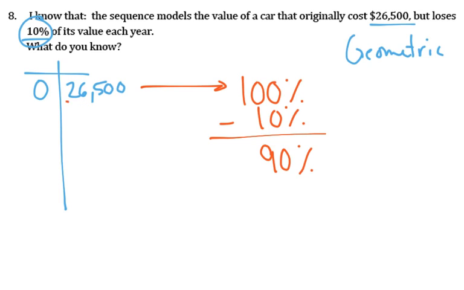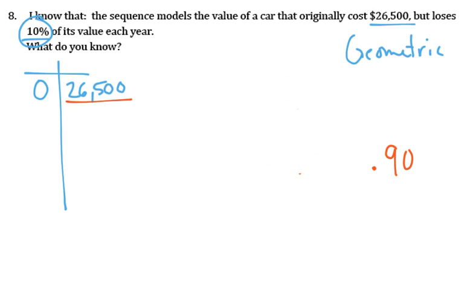So if we multiply this number by 90, it's going to give us the value of the car with less 10%. So that's the way we want to attack it. So let me grab my calculator. So we think of that as 0.90, right? Or just 0.9. So we're multiplying by 0.9.